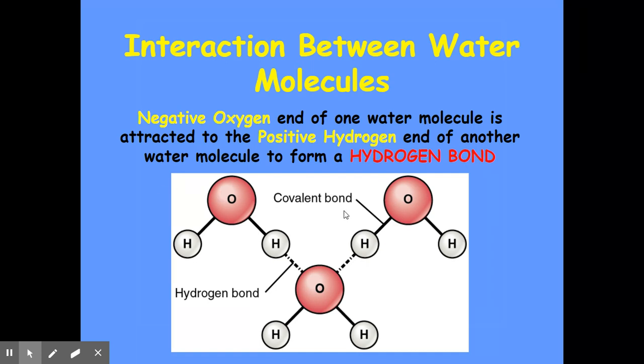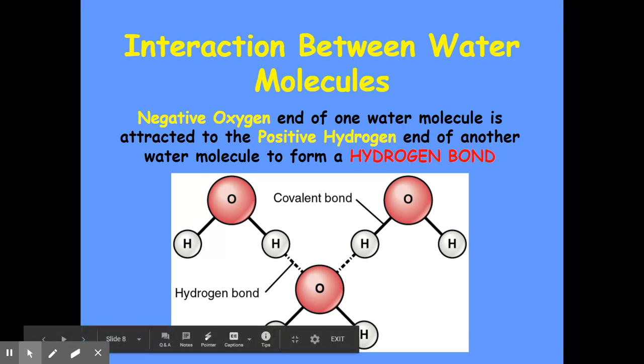Now, this covalent bond, I can't remember if we talked about that in our earlier lecture today, but covalent, co means sharing, which means hydrogen and oxygen are sharing electrons here and here and here and here. But covalent bonds happen within a molecule.